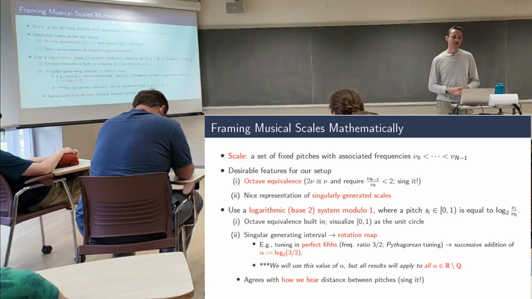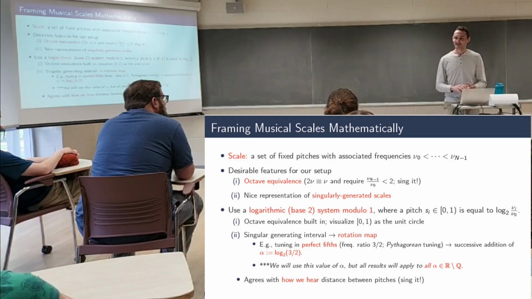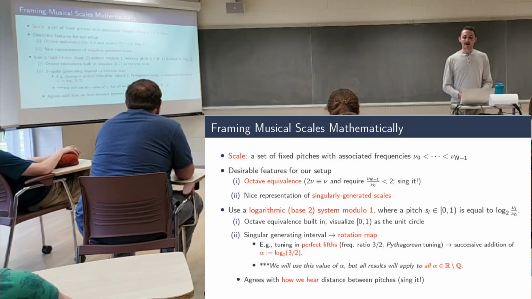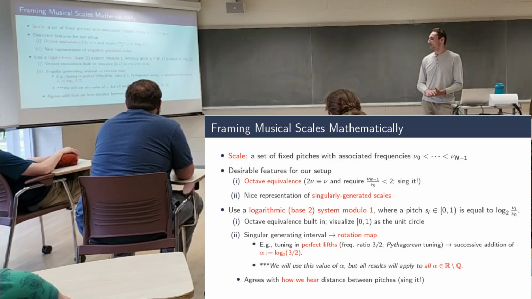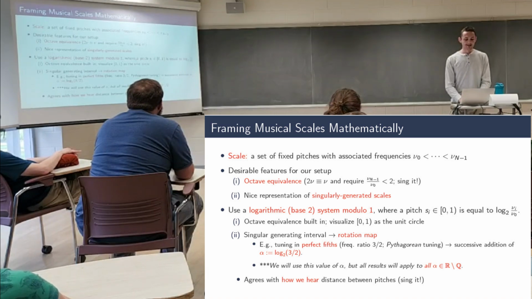If I sing these 2 pitches, la, la, the fundamental frequencies of those are in a ratio of 2 to 1, and we would want those to be considered equivalent. That's pretty universal. It would also require that the highest frequency in the scale is no more than 2 times the lowest frequency, which is what that inequality shows. So that's the first thing.